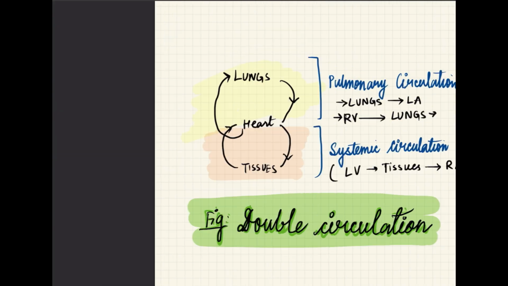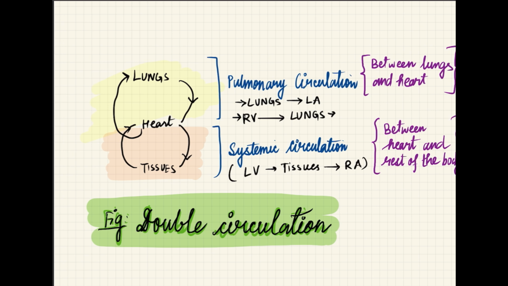So they need this efficient separation of oxygenated and deoxygenated blood. So in mammals and birds we have the double circulation.